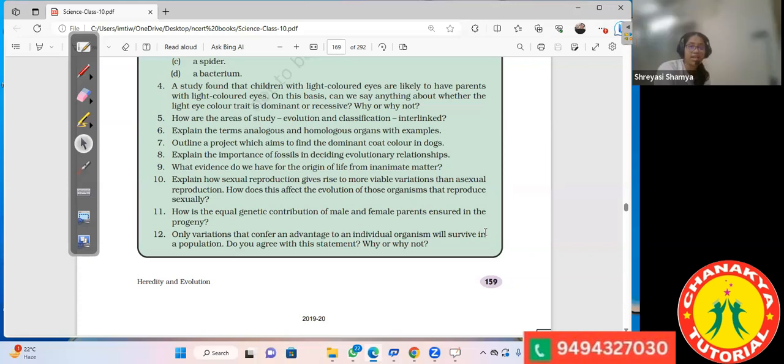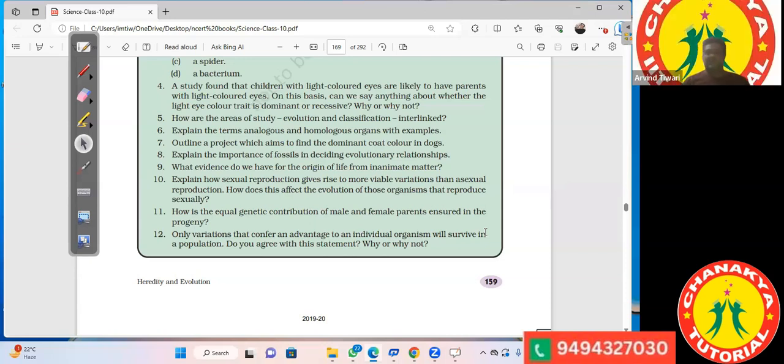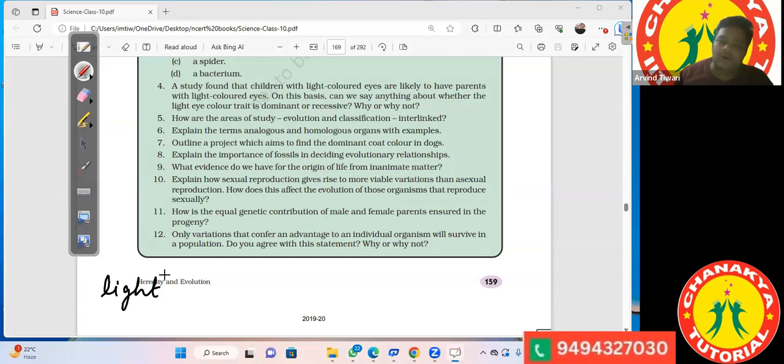Yes, exactly my point. But what you have to do is go upstairs. Do not go from parent to offspring; go from offspring to the parent. Think in that way. Here, the offspring has light color, and this is only possible when the parents have light color.